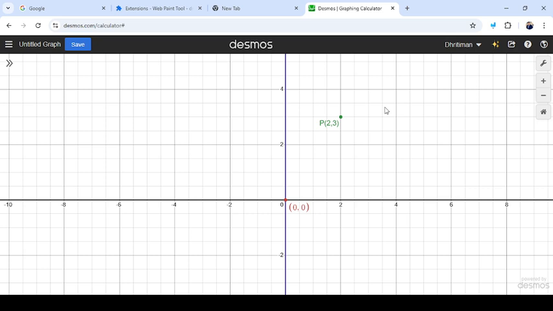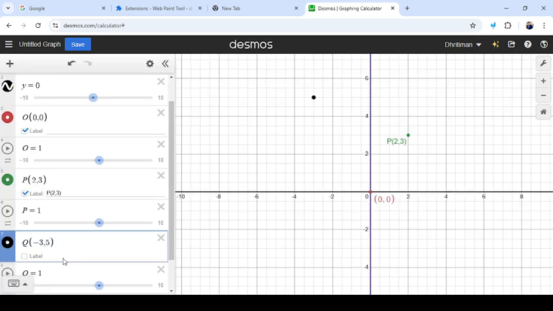If I give a point, say Q equals -3, 5, this point is in the second quadrant. Here x is negative, y positive.